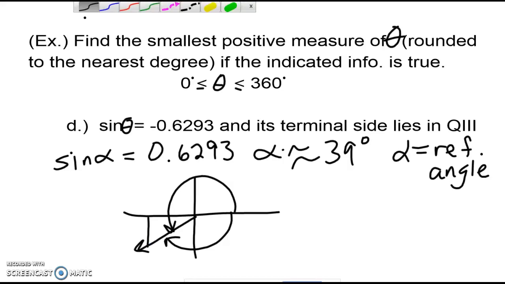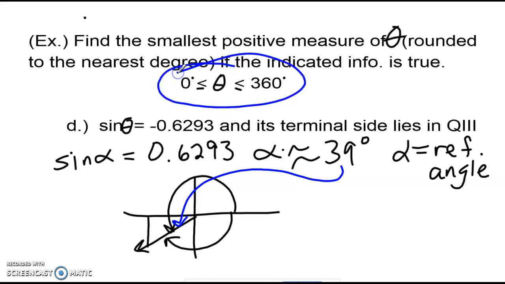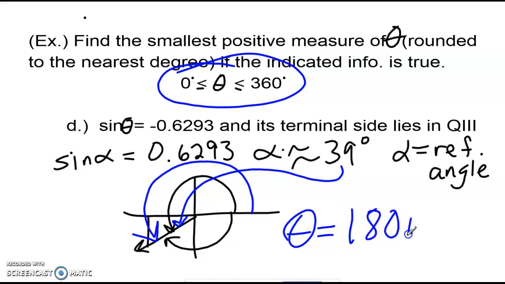So we are saying that the reference angle, this angle that we would use right there, is 39 degrees. And since we want a measure between 0 and 360, we're going to use this angle right here to figure out what theta is. So theta is going to be 180 plus 39. Or, how many is that? 219?